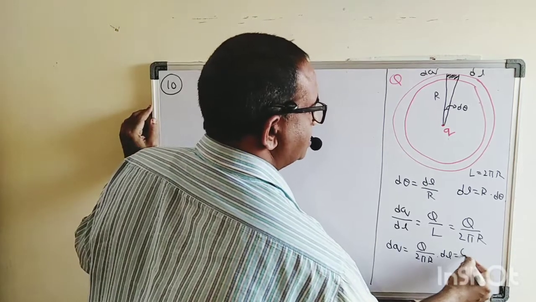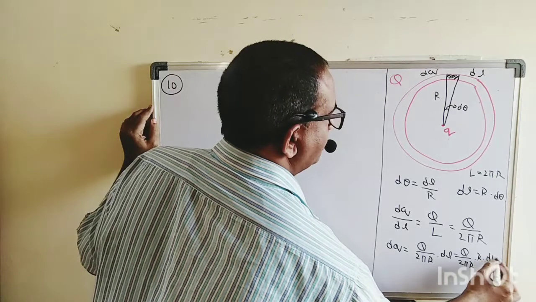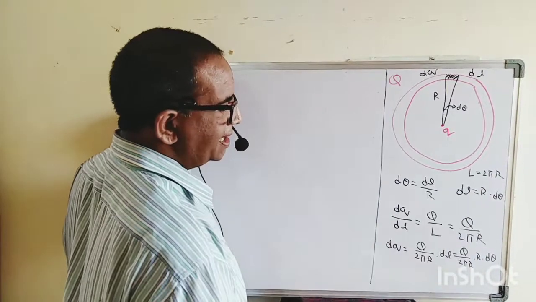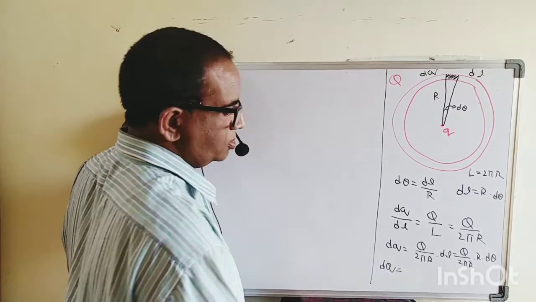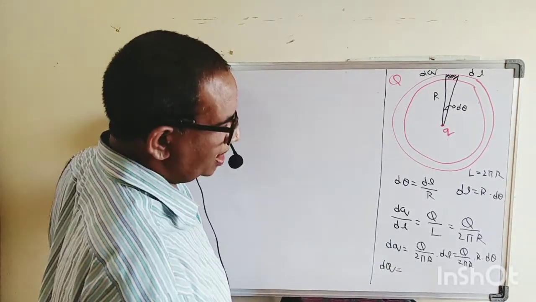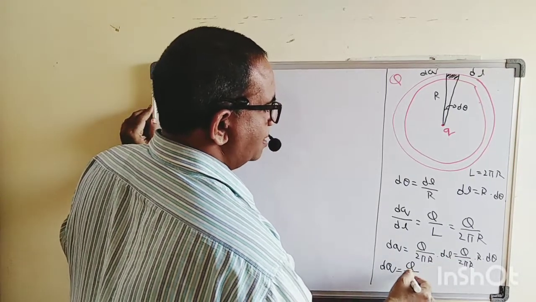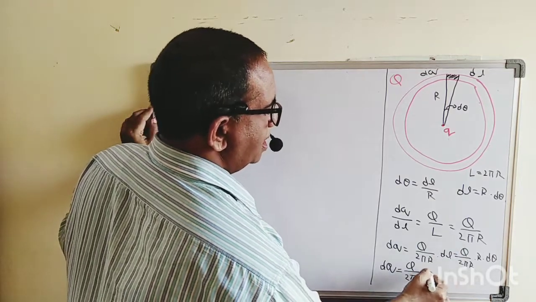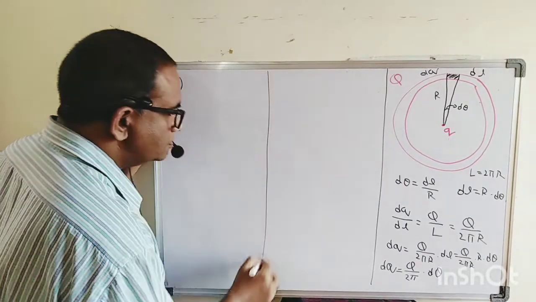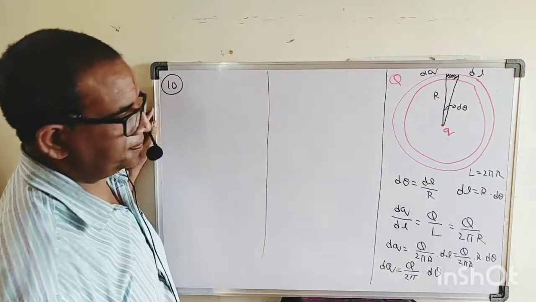Therefore, R gets cancelled, and dq is equal to q by 2 pi into d theta.